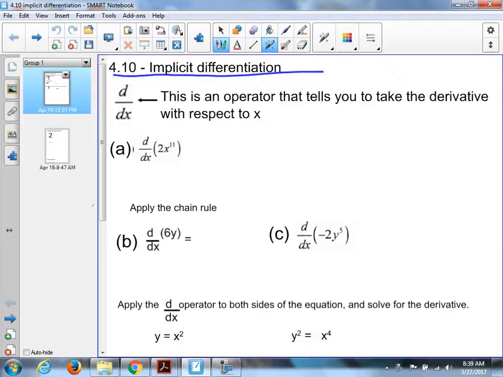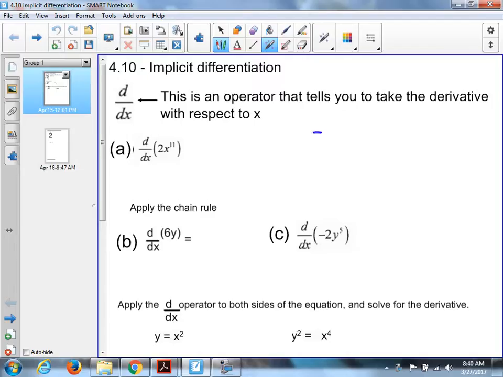Now I want you to think about this. d by dx, it's an operator. It tells you to take the derivative with respect to the variable x. Give me an example of another operator in mathematics.